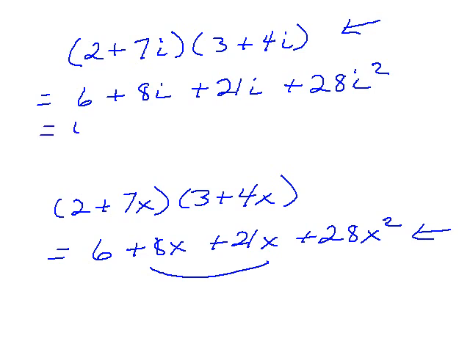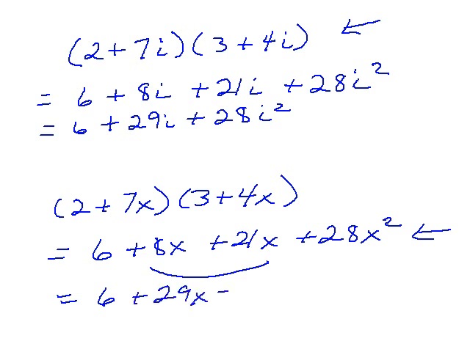We can do that right here: 6 plus 29i plus 28i squared. So I could write that here with the x's, 6 plus 29x plus 28x squared, and then in this case, this is done. But in the case of imaginary numbers, you are not done. And I'll show you what to do next.